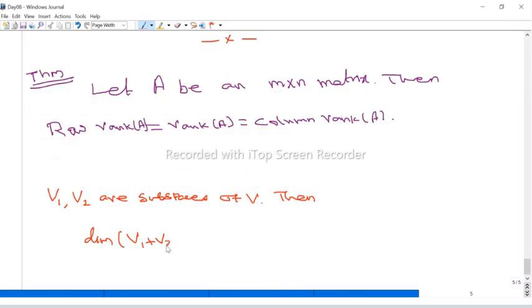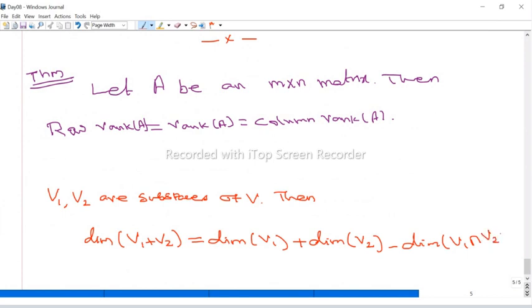Then the dimension of V1 plus V2. Since V1 is a subspace and V2 is a subspace, the sum of two subspaces is a subspace, therefore we can talk about the dimension. So the dimension of V1 plus V2 equals dimension of V1 plus dimension of V2 minus dimension of V1 intersection V2, because V1 intersection V2 is again a subspace.